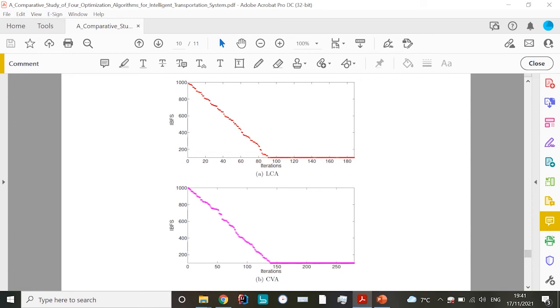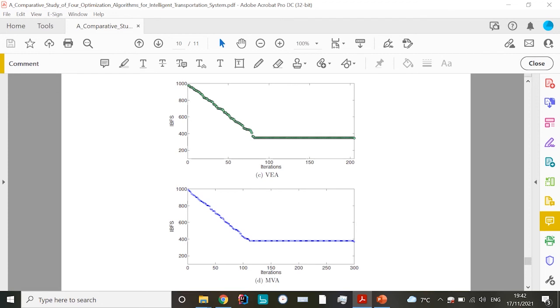Lane chicken, after around 90 iterations, can get the optimal solution for the problem. And this one is CVA, which can get the optimal solution around 130 iterations.